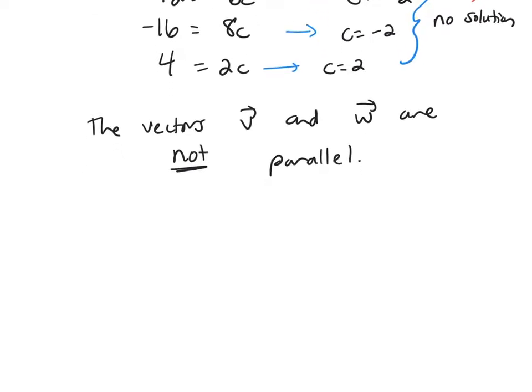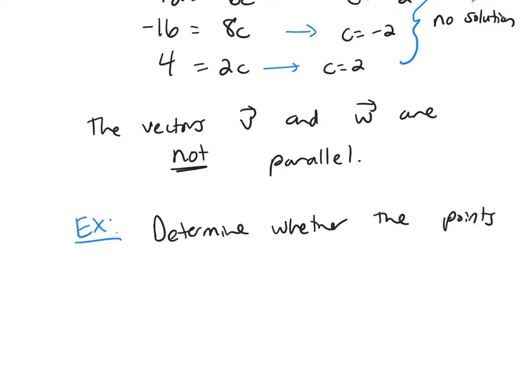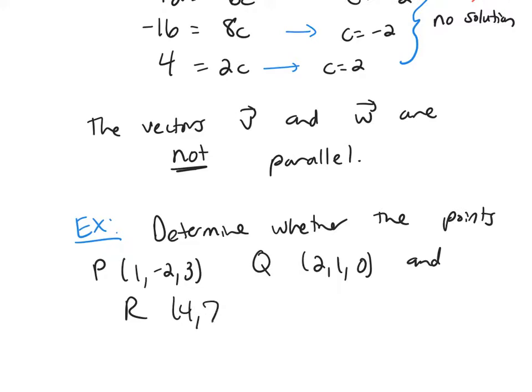All right, so let's look at one more problem using parallel. So I want to determine whether the points P, which is going to be the point 1, negative 2, 3, Q is going to be the point 2, 1, 0, and R is going to be the point 4, 7, and negative 6 are collinear.